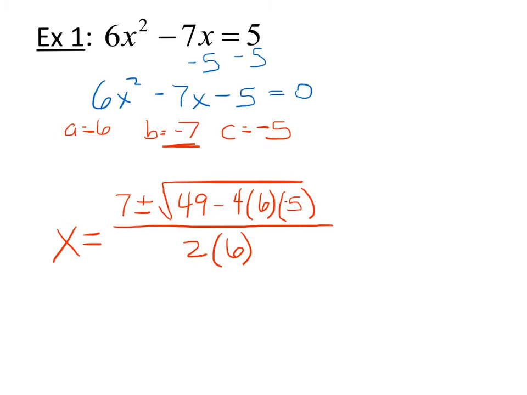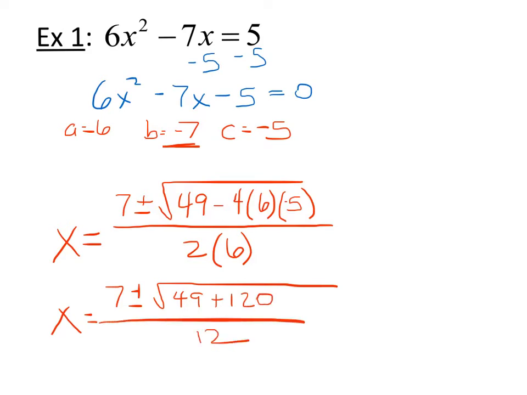So 4 times 6 times negative 5 is negative 120. So x equals 7 plus or minus the square root of 49 minus a negative 120, but I can just write plus 120, divided by 12.